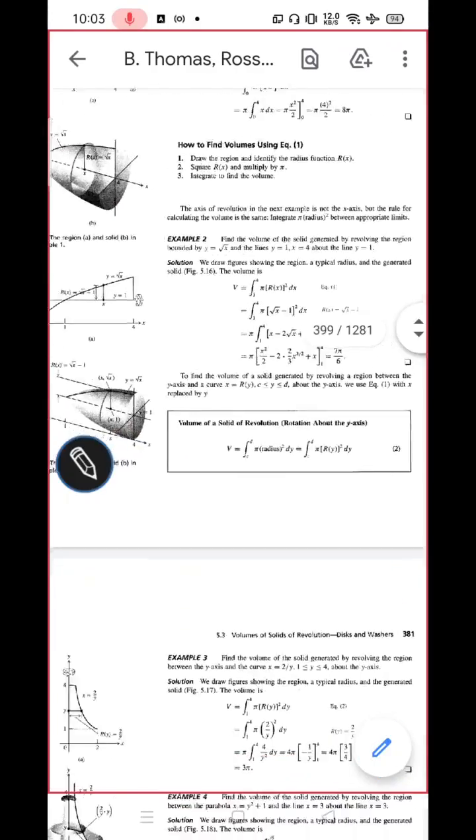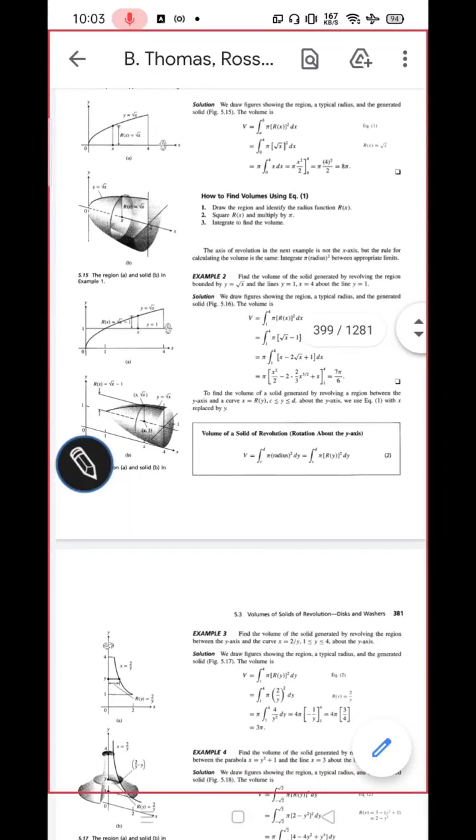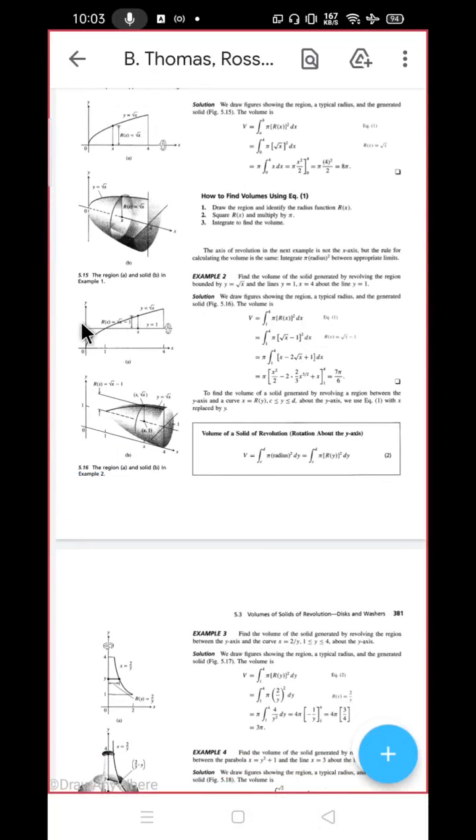Y is equal to 1. This is the same as the x-axis only.